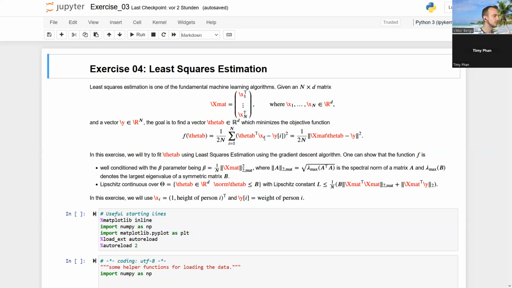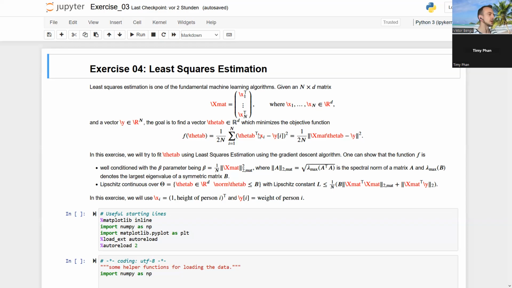And this should hold for every pair i, and we penalize deviations from our prediction scheme, the theta transpose x_i, which is more or less our prediction of the weight of person i from the information of person i, quadratically.